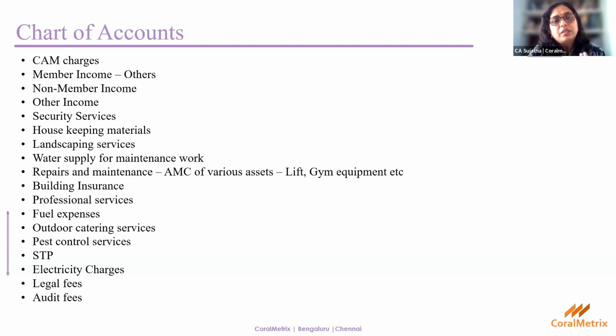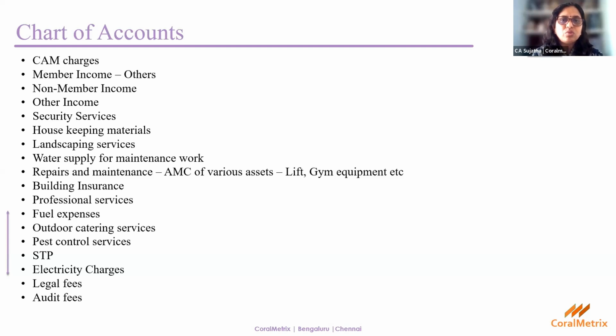Number two, the management is also very clear how much expenditure has been spent against the budgeted expenditure. So it's always advisable to have the chart of accounts set in the beginning of the year, so that the same can be carried forward in future years also. And another reason it's important is that it becomes easier for comparison and analyzing the variances.